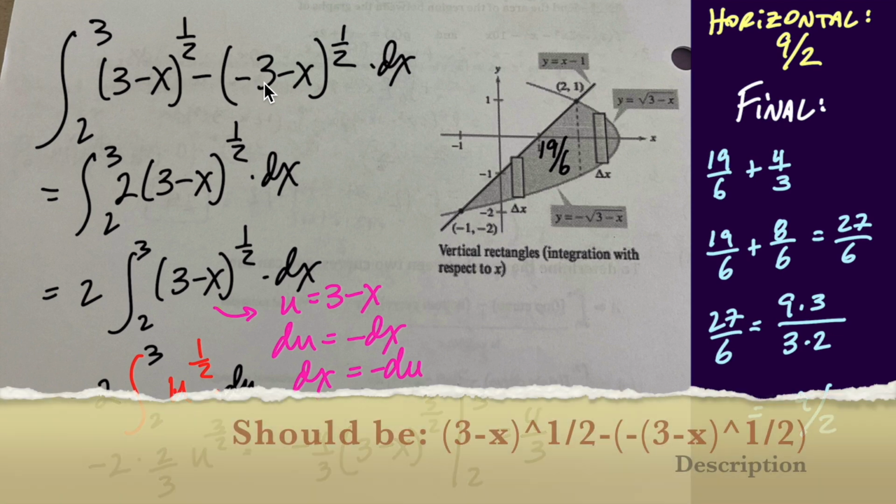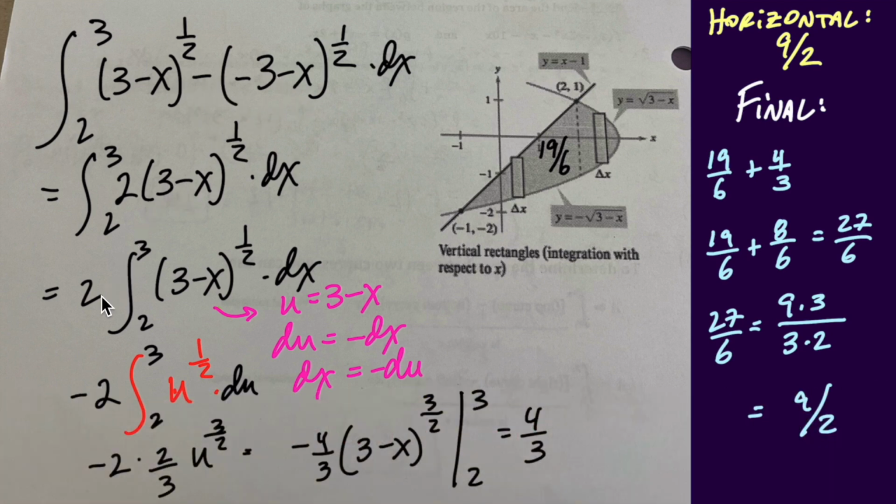On the bottom, we're going to have the negative version, and we're going to do top minus bottom. When you add these up, you're going to get the 2 out front. We're going to let u equal 3 minus x. du is negative dx. dx is going to equal negative du. We're going to pull that negative out here. See that black negative with the du? That's your negative du. That used to be dx.